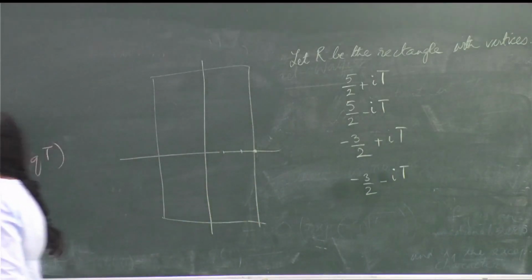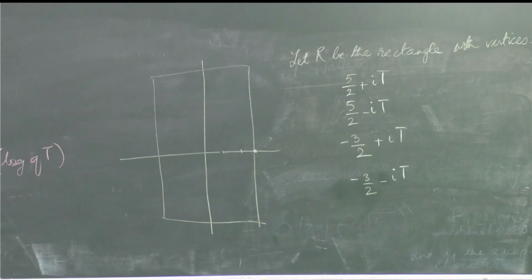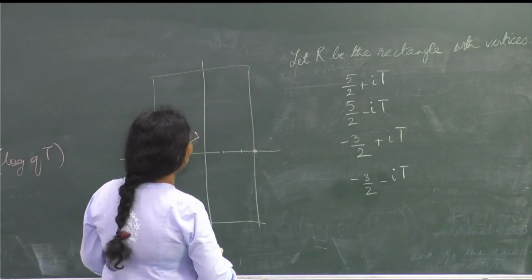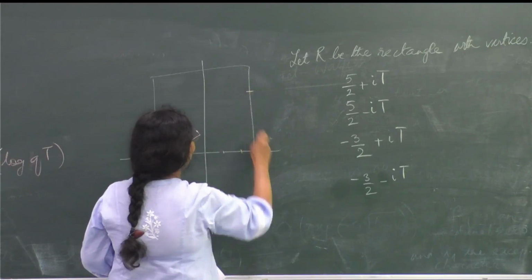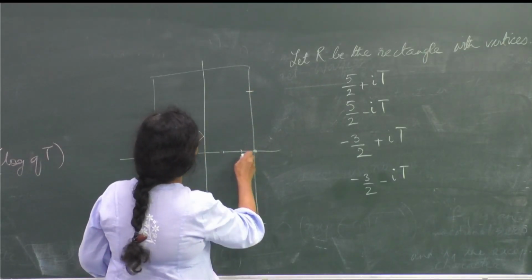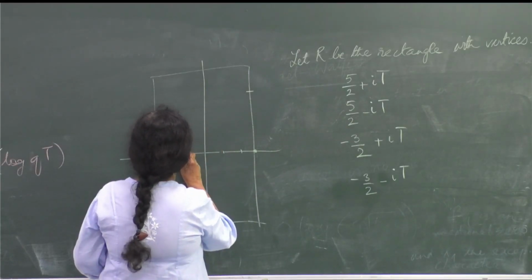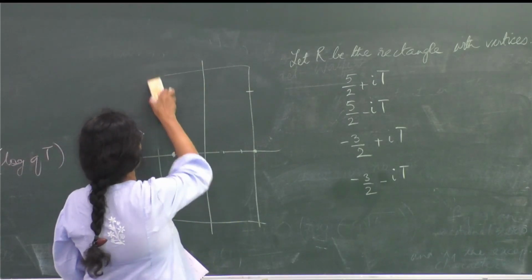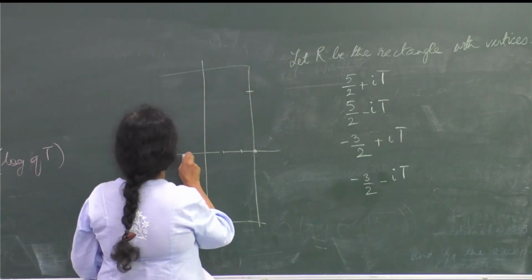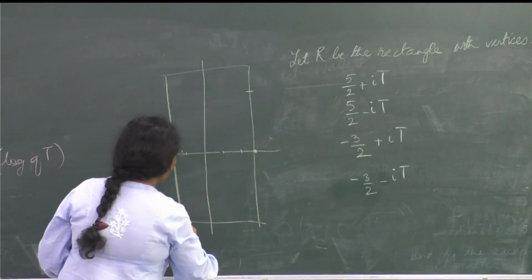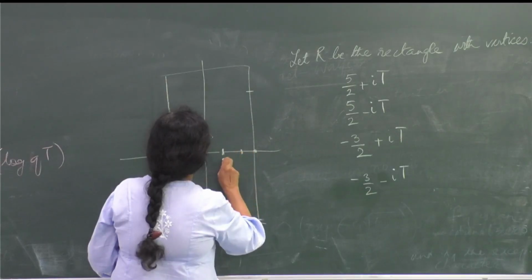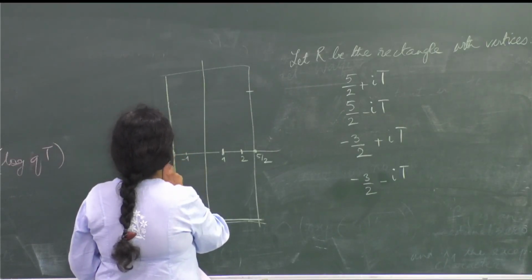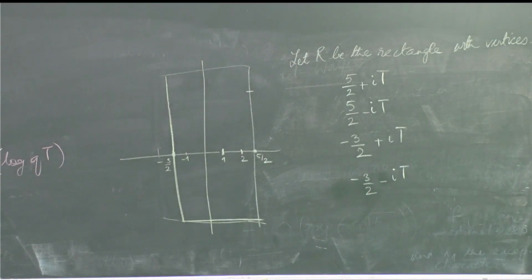My drawing is not very good, but something like that: 1, 2, 5 by 2, and 1 minus 3 by 2. So this will include this.